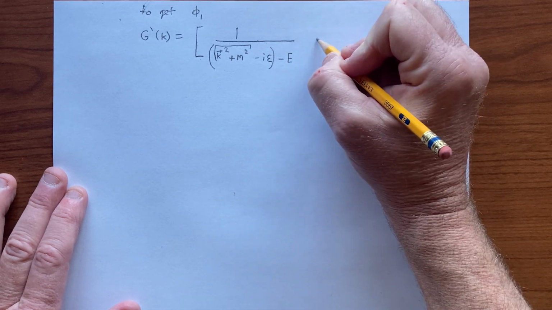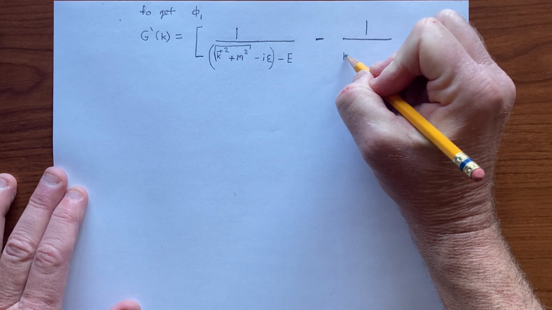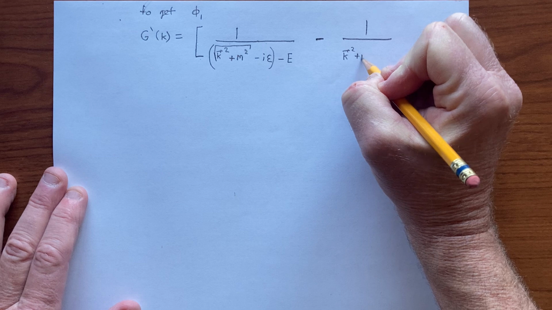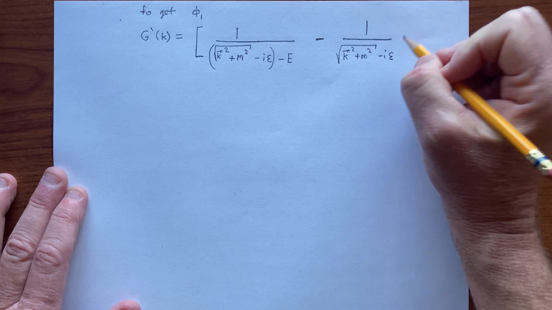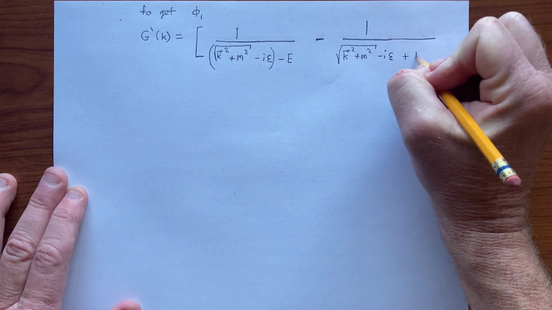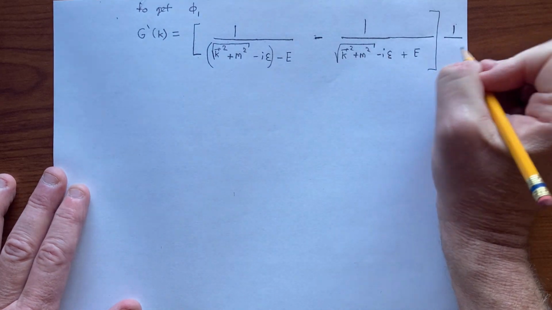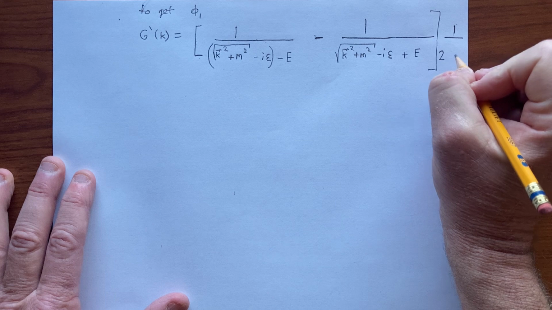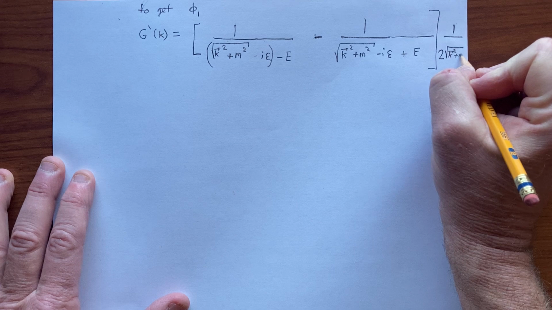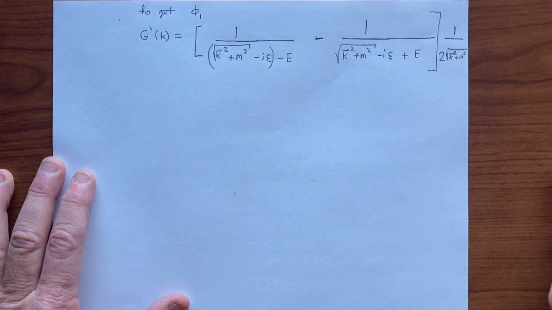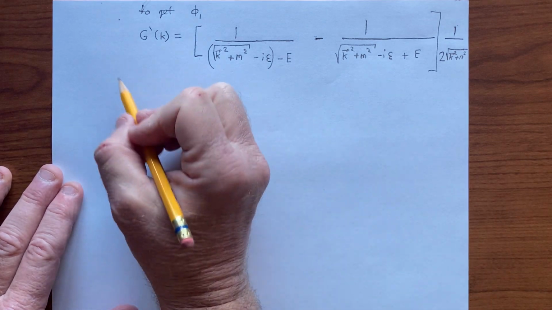But we'll just write it as E. Minus 1 over, same thing there, K squared plus M squared square root minus I epsilon plus E. And then we have a 1 over 2b, which b in this case is the square root of K squared plus M squared. Okay, so this is what we need in order to find phi 1.